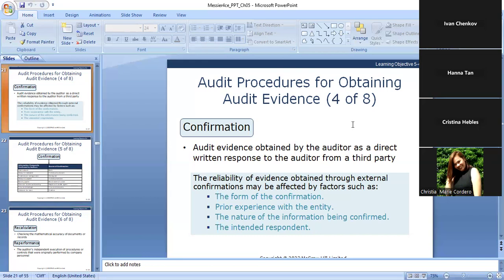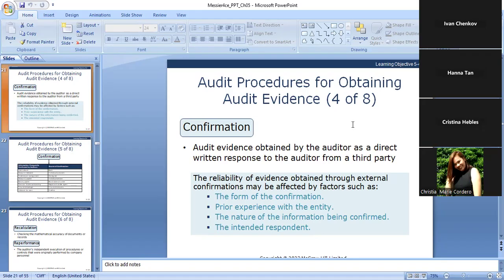Now, the reliability of the evidence obtained through external confirmation may be affected by factors such as the form of confirmation, prior experience with the entity, nature of the information, and intended respondent.